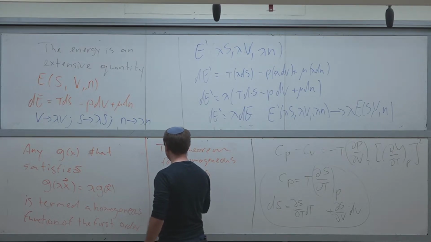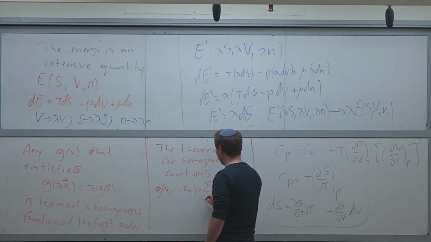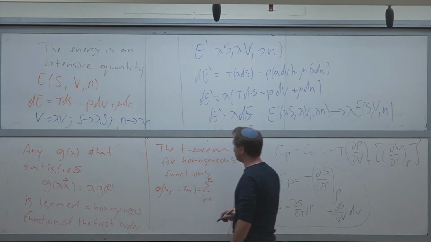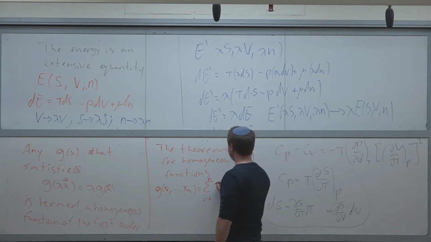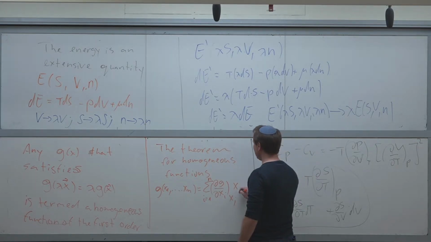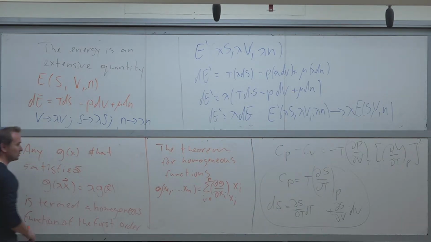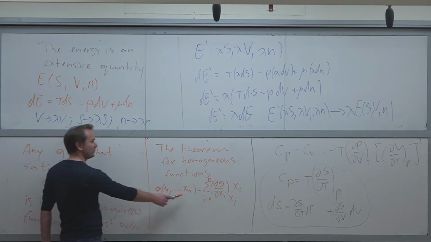G of x1 till xn equals a sum from i equals 1 till n of dg/dxi, keeping all the xj constant, multiplied by xi. Any function that satisfies this relation must be of this form.